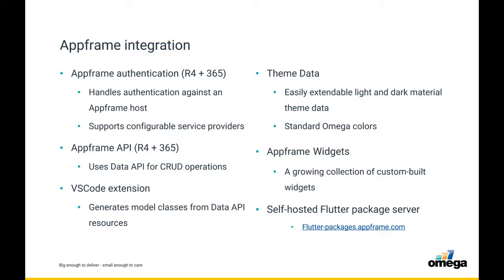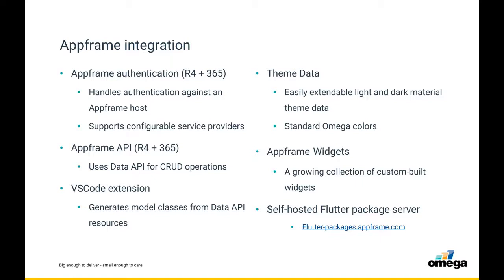Moreover, the team also provides theme data, which comes in two variants, light and dark material theme. It also includes standard material colors, and you can easily extend and modify themes to suit your existing application needs. And finally, we have the Appframe widgets.